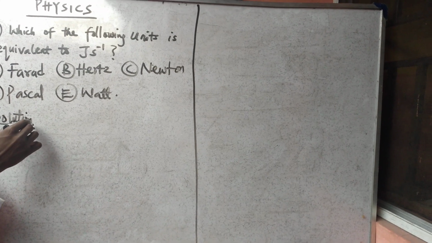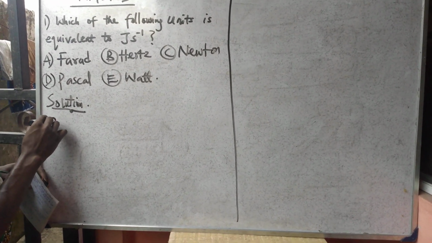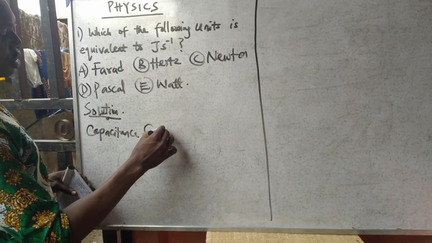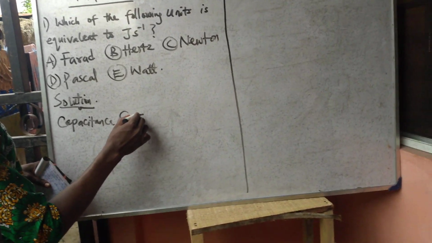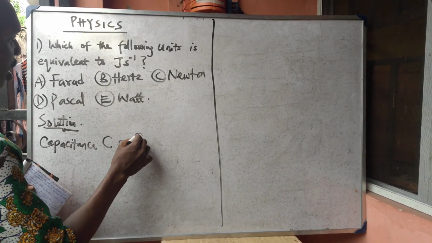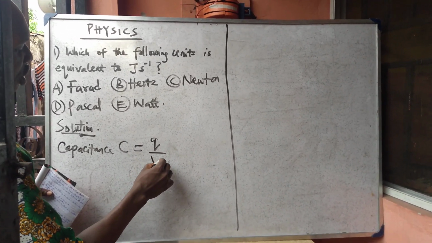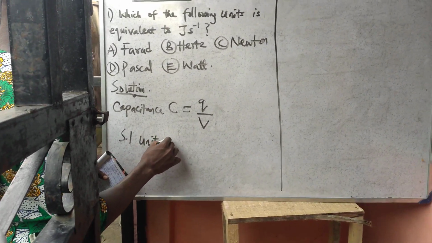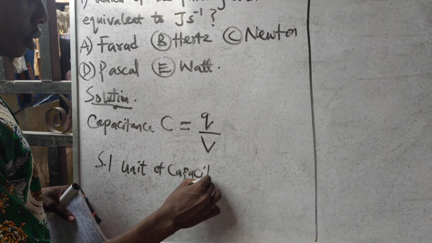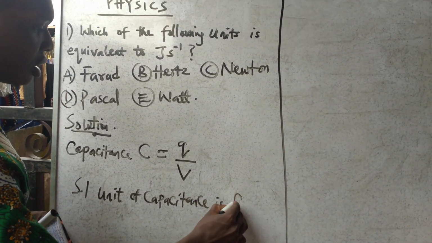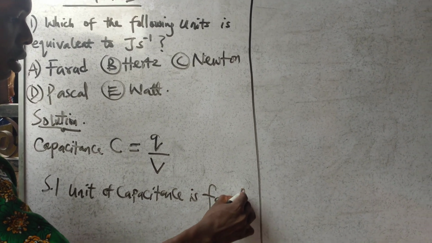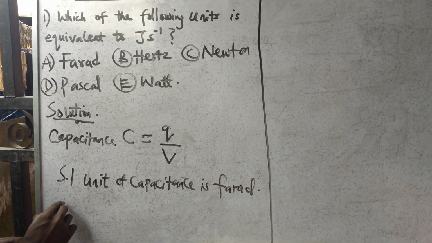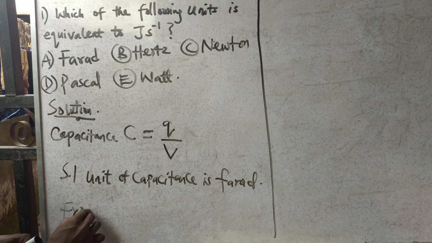Solution: capacitance C is equal to charge over the potential difference, and the SI unit of capacitance is farad. It's measured in farad. Now, concerning hertz, the SI unit of frequency is hertz.